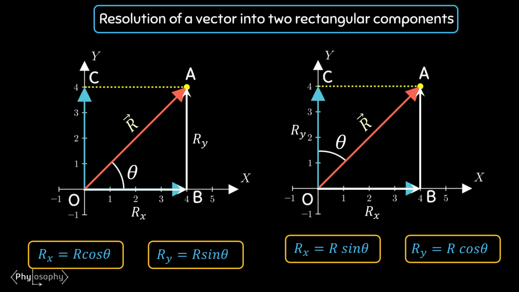Or you can say the axis with which the vector r makes the angle theta is the cos theta component. So in the first case, r makes the angle theta with the x-axis, that's why Rx is equal to R cos theta. But in the second case, r makes the angle theta with the y-axis, that's why in this case Ry is equal to R cos theta and Rx equals R sin theta. This is a simple trick to remember these relations.